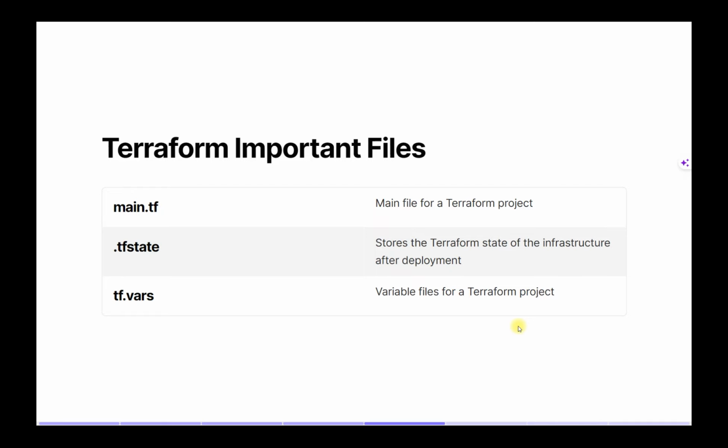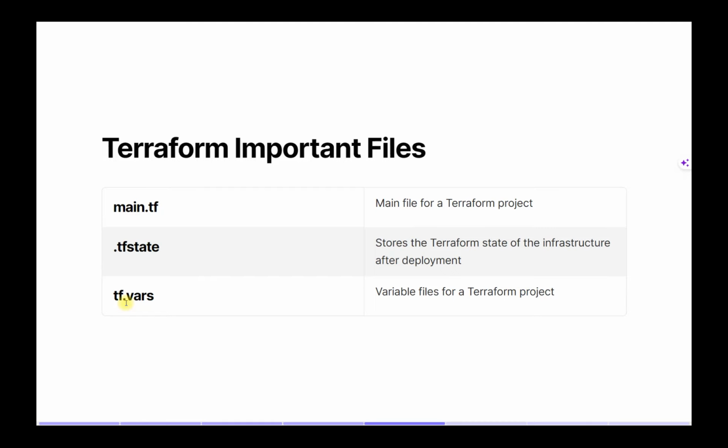This state file is actually a JSON file that contains the name and type of each resource, the current state of each resource, and even the relationships between the resources. This state file is very important because it is used by Terraform to track changes to your infrastructure and to apply those changes.